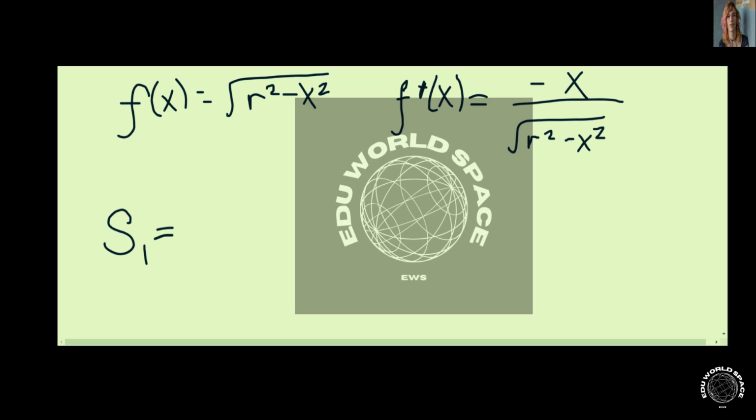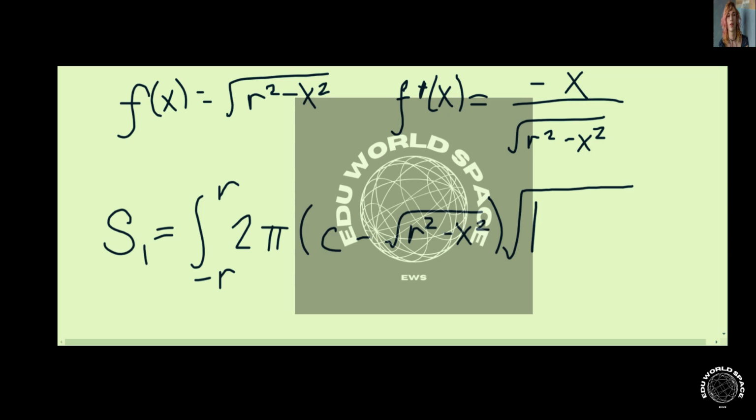This is the integral from negative r to positive r of 2 pi times, and then in reference to a previous exercise, we have c minus f of x, which is the square root of r squared minus x squared, times the square root of 1 plus f prime of x squared, or 1 plus x squared over r squared minus x squared, dx.